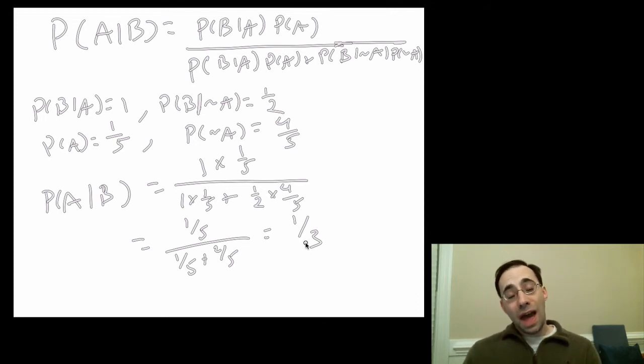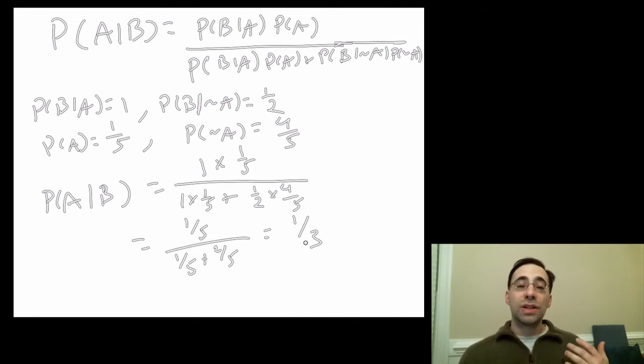So even after observing B, a thing that nice types always do, even after seeing cooperation, you still only think the chance that the type is nice is 1/3, much less than you might intuitively believe. Why is that? Well, a couple of reasons. One, you started off with a very low prior probability of believing they were nice.